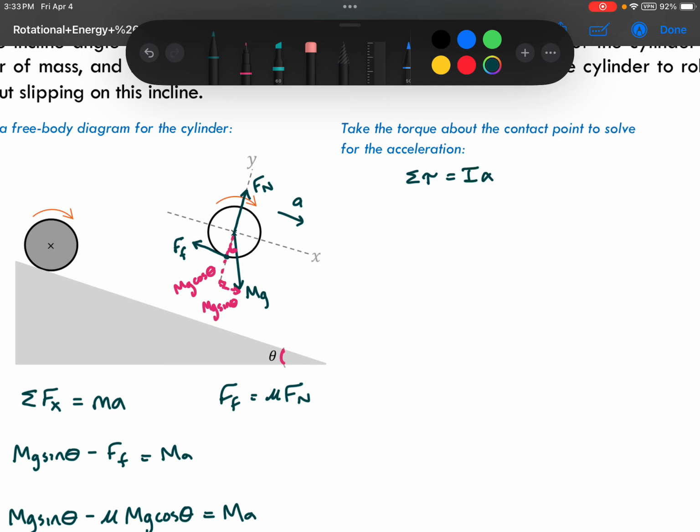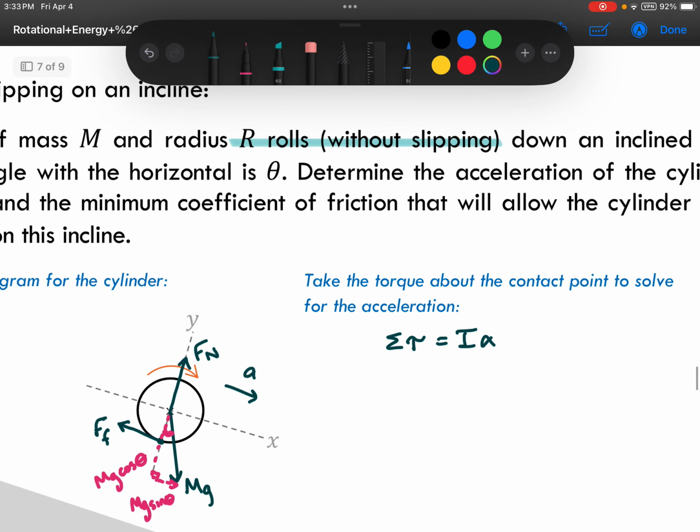I, the rotational equivalent of mass, is the rotational inertia, and alpha is our angular acceleration. Now the rotational inertia for a cylinder is 1/2 mr squared, and that is for the rotation at the center of mass.